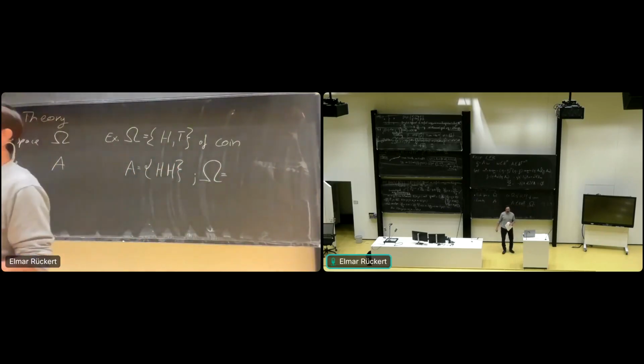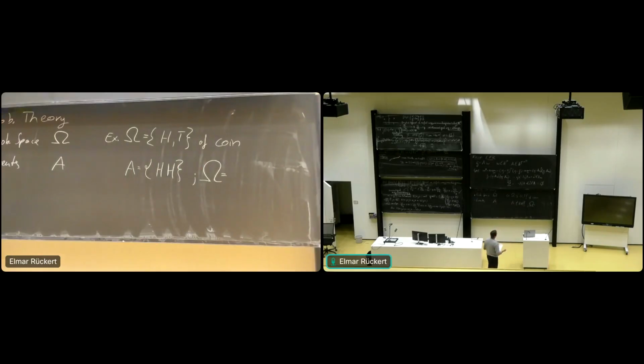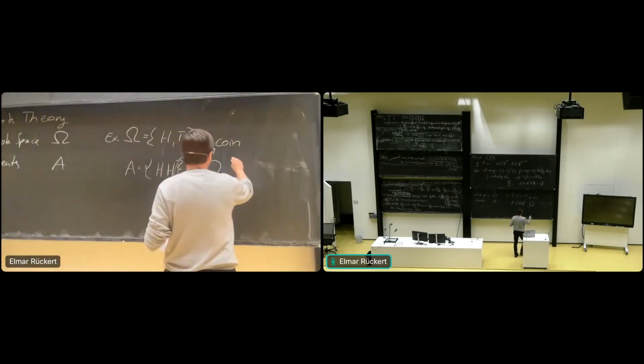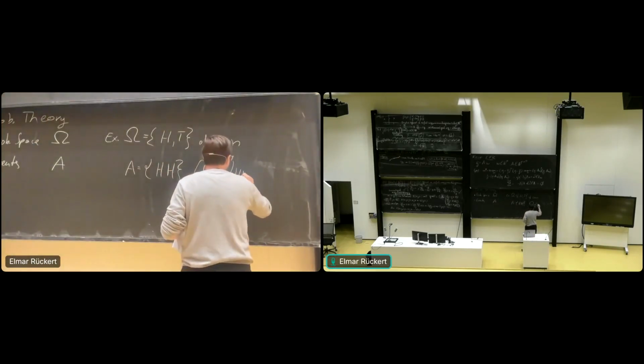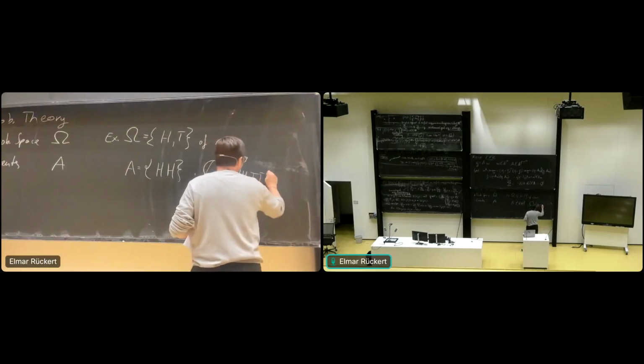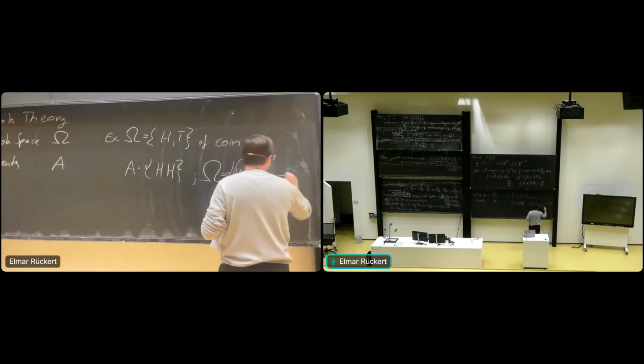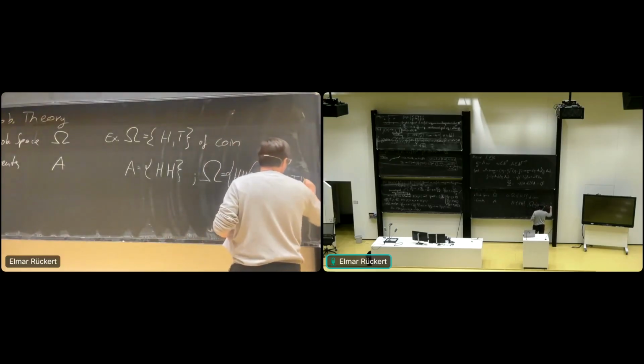If we do 2 experiments in a row, then what is the probability space then? How many options do we have in total? The probability space must cover all potential outcomes of this experiment. 4, exactly. So it's heads heads, tail tail, head tail, and tail head.